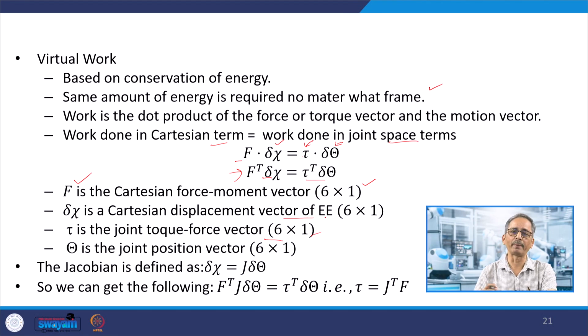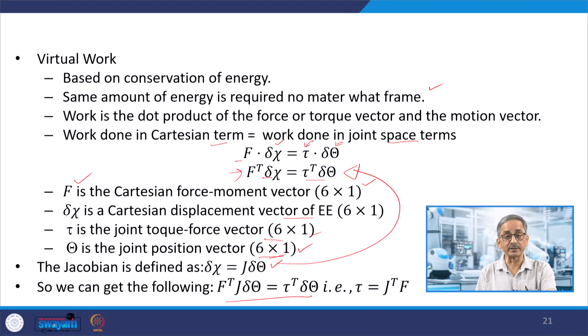Suppose your manipulator has 6 degrees of freedom, so you would have 6 cross 1. Similarly, you are going to have the joint position vector, which is also 6 cross 1. Jacobian definition we have already seen. So, if I substitute this definition in this one, this is the relationship which I get.